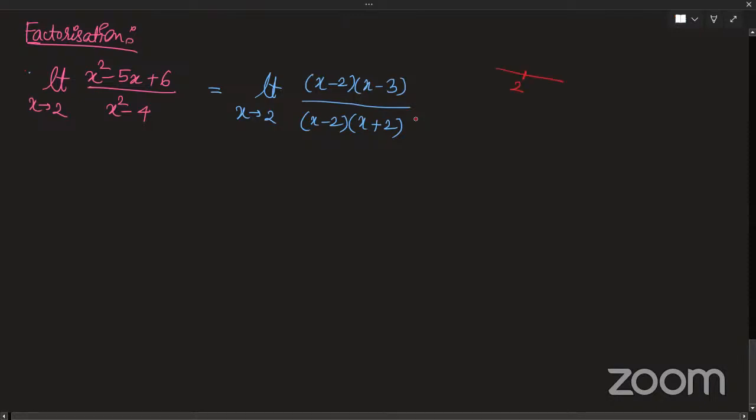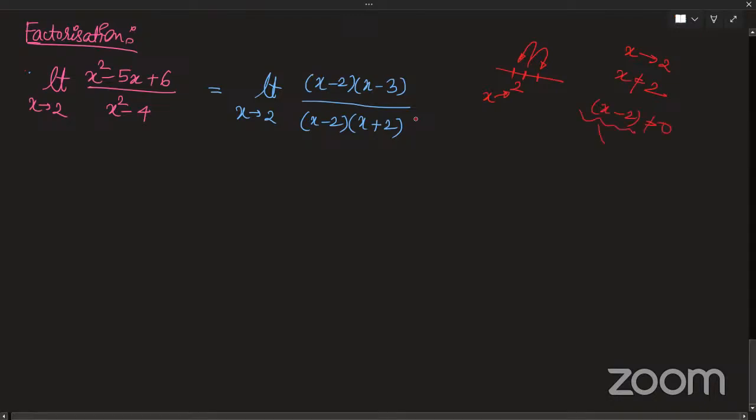See, if I am talking that x is tending to 2, okay, so basically I am trying to say that the value I am talking about is not equal to 2. It is a value that can be either on the left side or right side of 2. So if I'm telling you that x is tending to 2, x is not equal to 2. So x minus 2 is not 0.